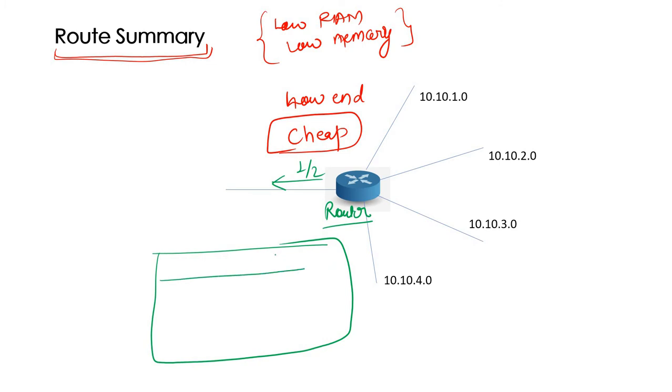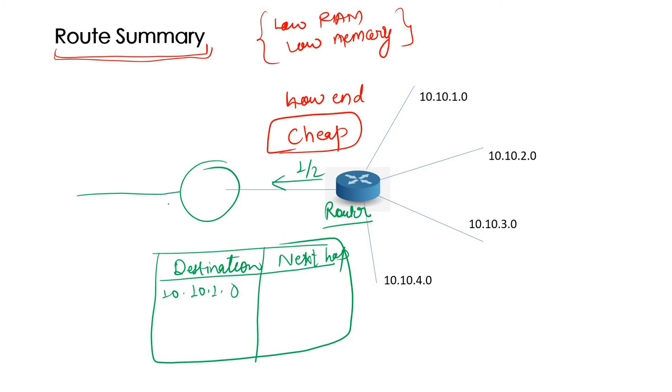So we have one entry with a destination and the next hop, like 10.10.1.0. Let's take one more router here. If any traffic is coming from this direction and wants to reach that network, it has to be sent towards router 1 interface 1/2. So one entry says please forward to 1/2.